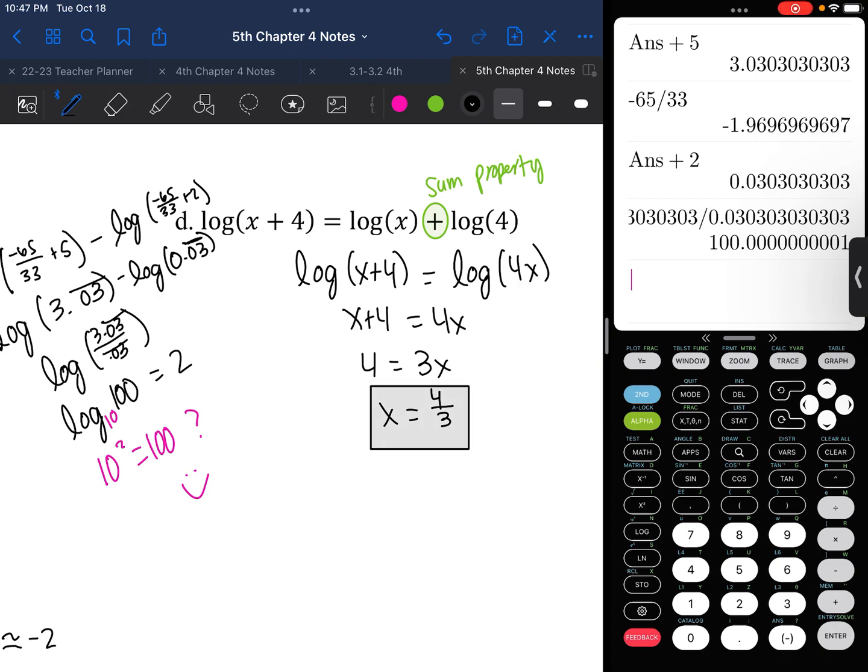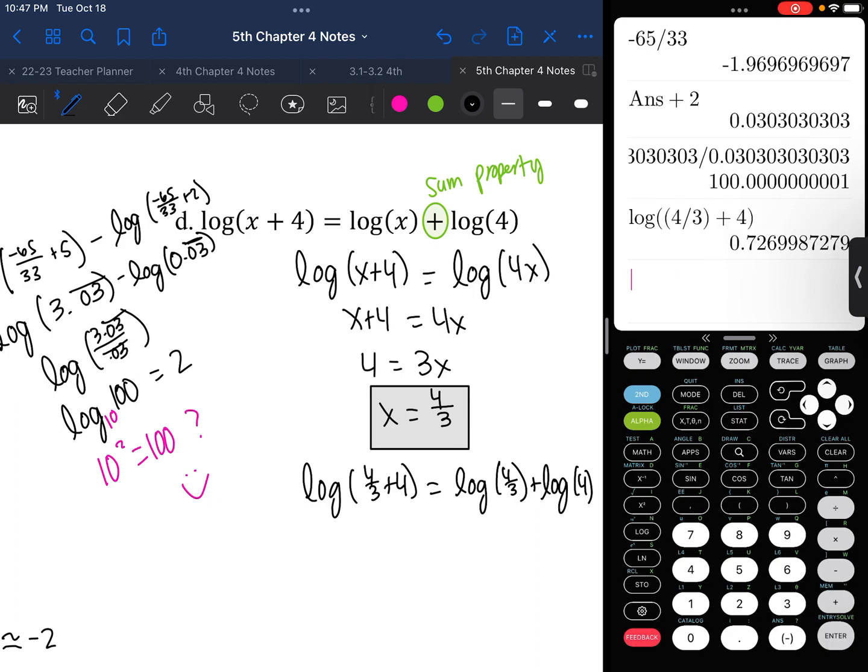But you should always double check and make sure nothing's extraneous. So we've got log of 4/3 plus 4 equal to the log of 4/3 plus the log of 4. Okay, so we've got that decimal, it's like 0.727.